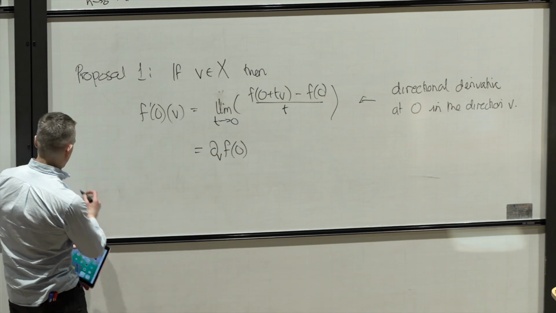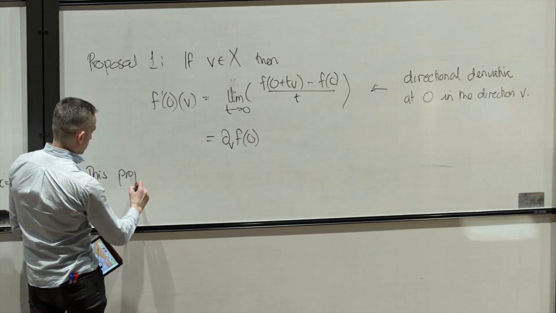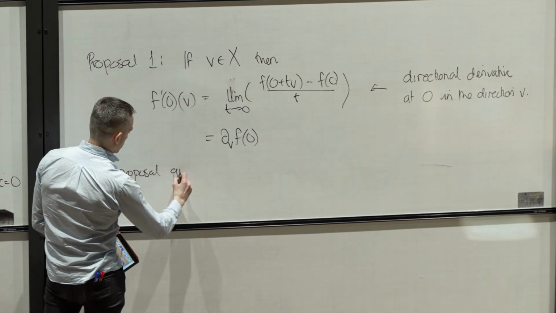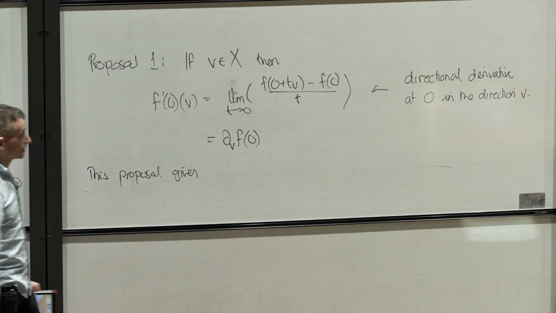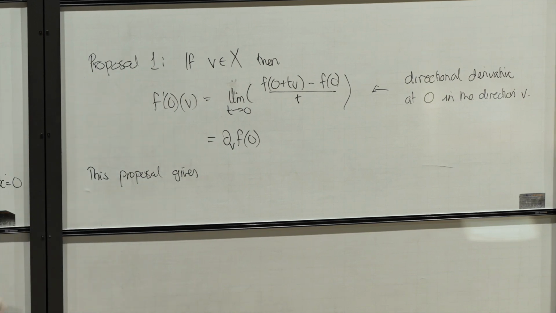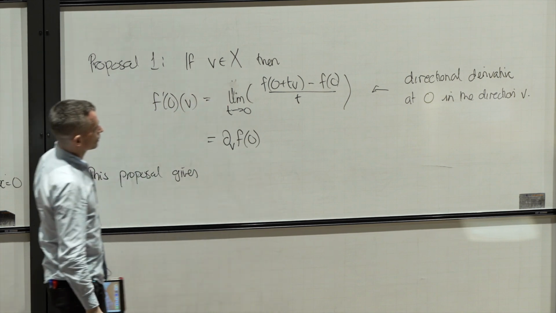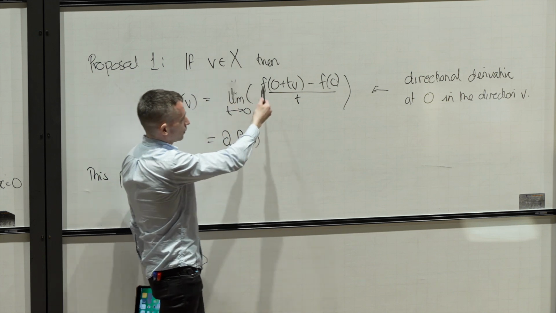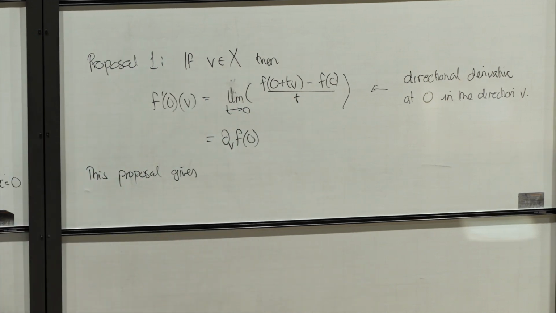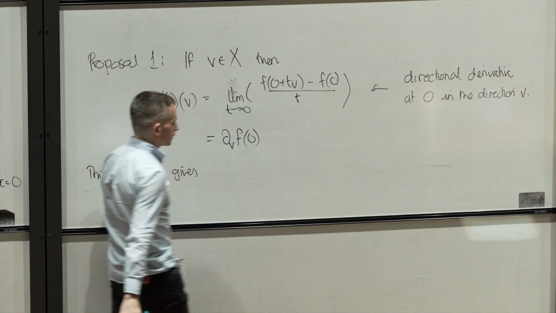So thus, this proposal gives, okay, I'm centering things at the origin just for simplicity, but you could do exactly the same thing at any fixed vector in the normed vector space x. If you had some vector a, you can look at a and perturb it a small amount in the direction of v, and the same definition applies.